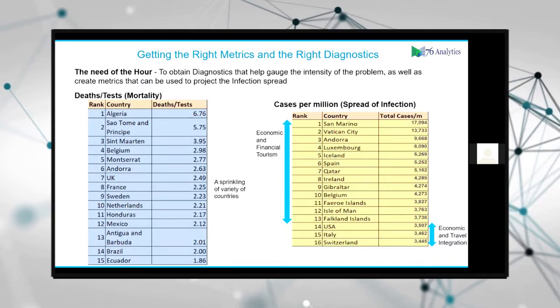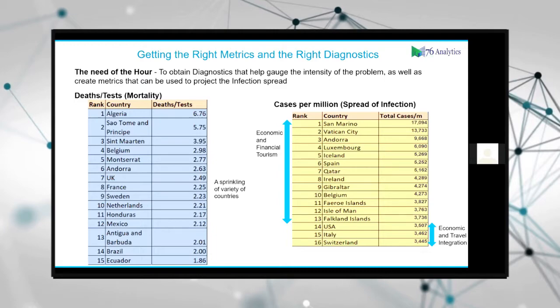Now, this gives some idea. Cases per million is a good metric which gives some idea about not just the hows, but the whys of the spread. If you look at San Marino, it's a small enclave almost surrounded on all sides by Italy. It's a very popular tourist destination. You go down, Spain is again popular for tourism.